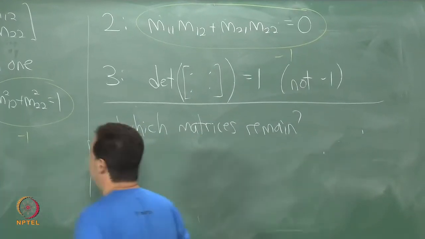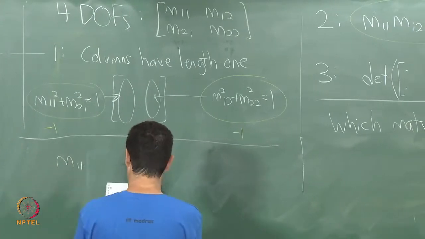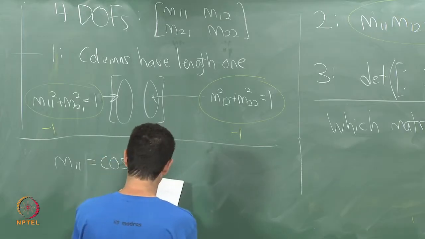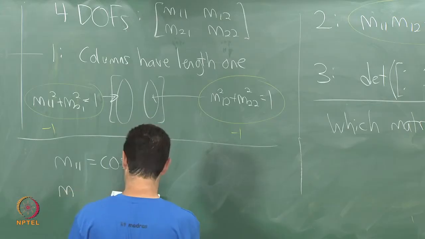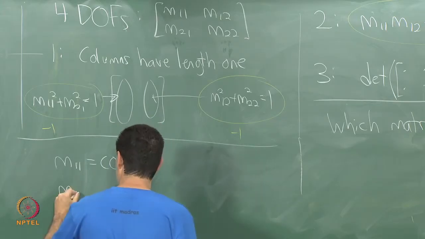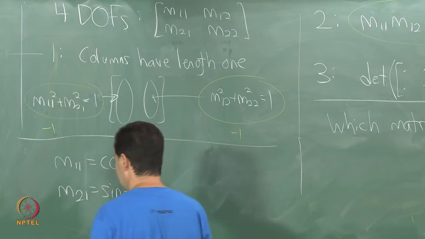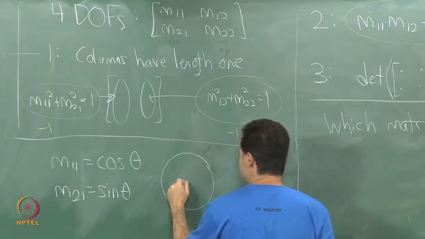So what I just said there, let me do it along here, then I just say m11 is equal to cosine theta, m21 is equal to sine theta. That's just a standard parameterization of the unit circle, right?